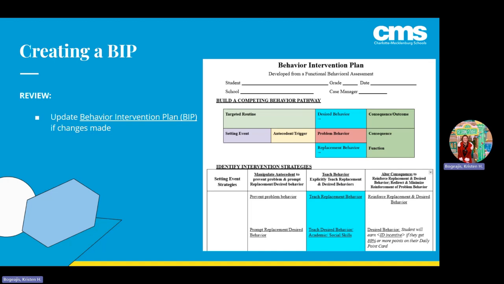Maybe changing the desired behavior to be something that is more obtainable or manageable for the student, making it smaller, chunking it, scaffolding. These are things that you might need to do. Transitioning might have been too much. Globally transitioning might have been too much. We might need to walk back to say, okay, we just need to work on putting our noise canceling headphones on. We can't even get ourselves to do that. We need to work on having a countdown timer that tells us when to put our noise canceling headphones on.